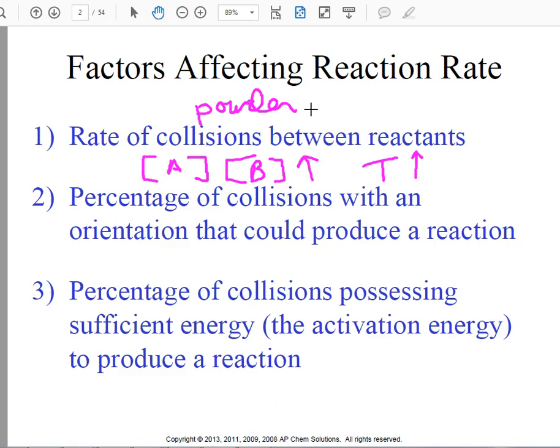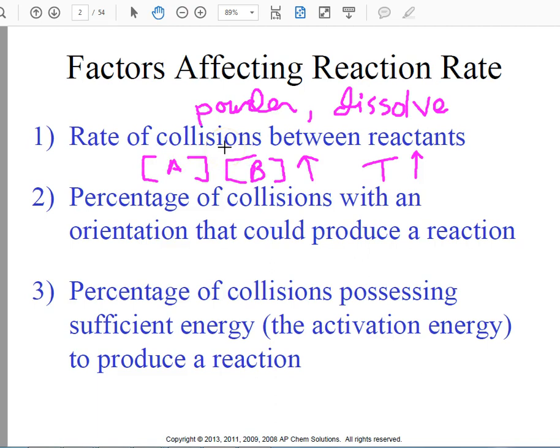So that could change our rate of collision between the reactants. We could also dissolve a solid into water, and that would also allow more collisions to occur because those particles are going to move more than they would in the solid phase. So those are some ways that we can influence the collisions or the rate of the collisions.